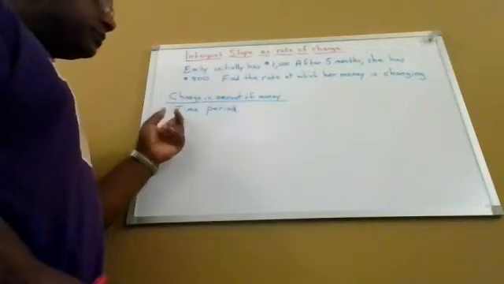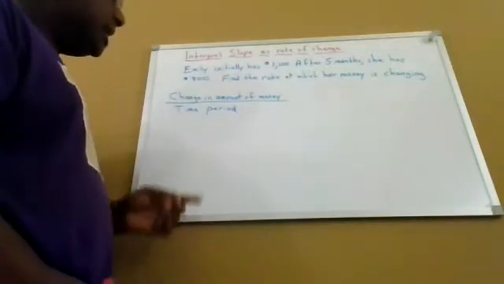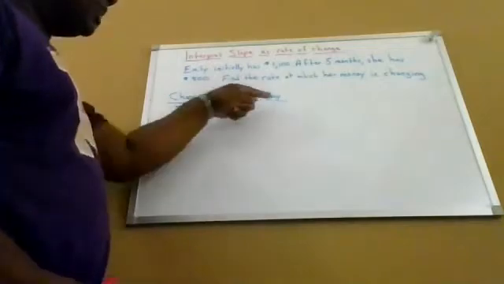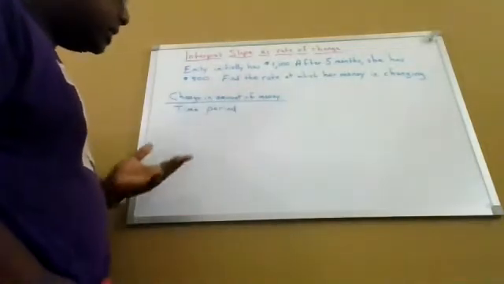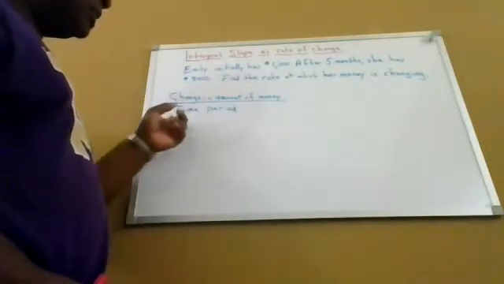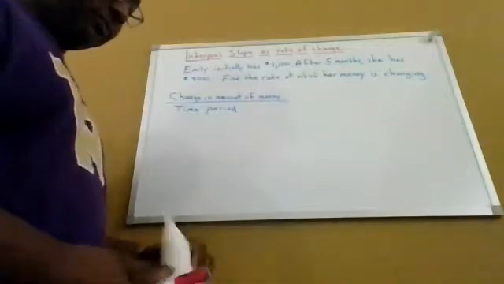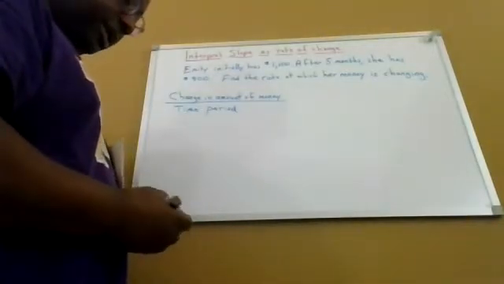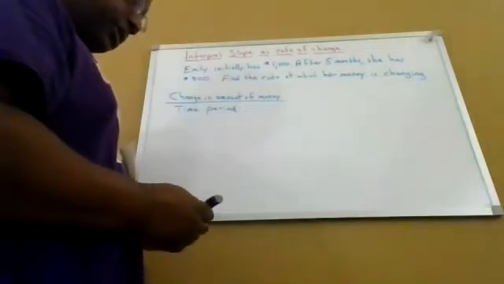So here's the formula that we're going to use. And this says that the change in amount of money, that's going to be our numerator. And our denominator is going to be the time period. So what do we know? We know that the change in the amount of money means we're going to have to subtract.